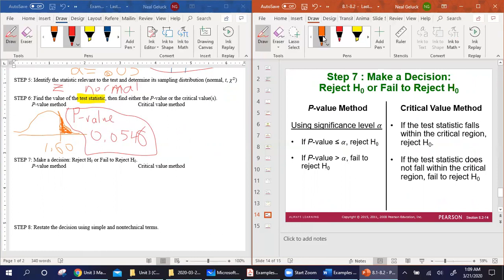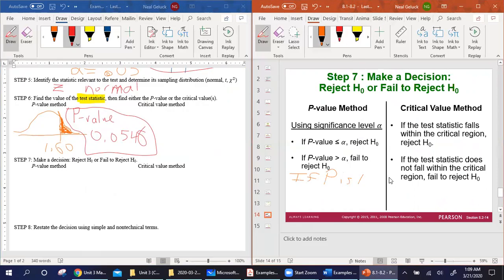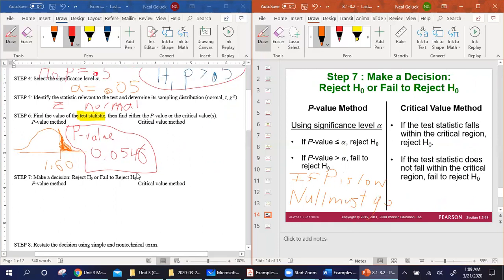A phrase you'll hear me use on these videos is, if p is low, null must go. So if the p is lower than the significance level, the null must go.